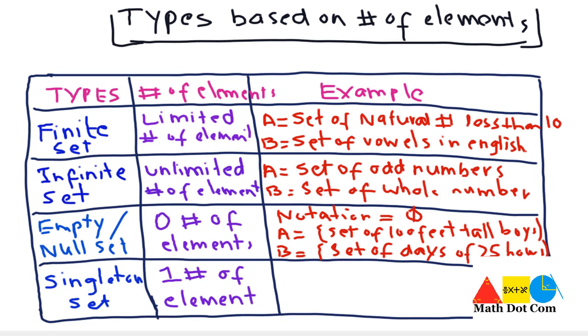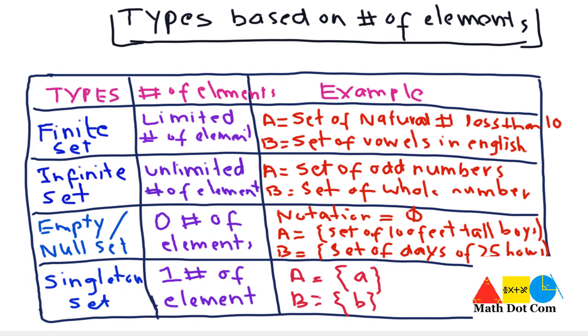Only one element. Any set that has only one element is called a singleton set. What are the examples? Example: A equals {a}. This is a singleton set. B equals {b}. This is a singleton set.